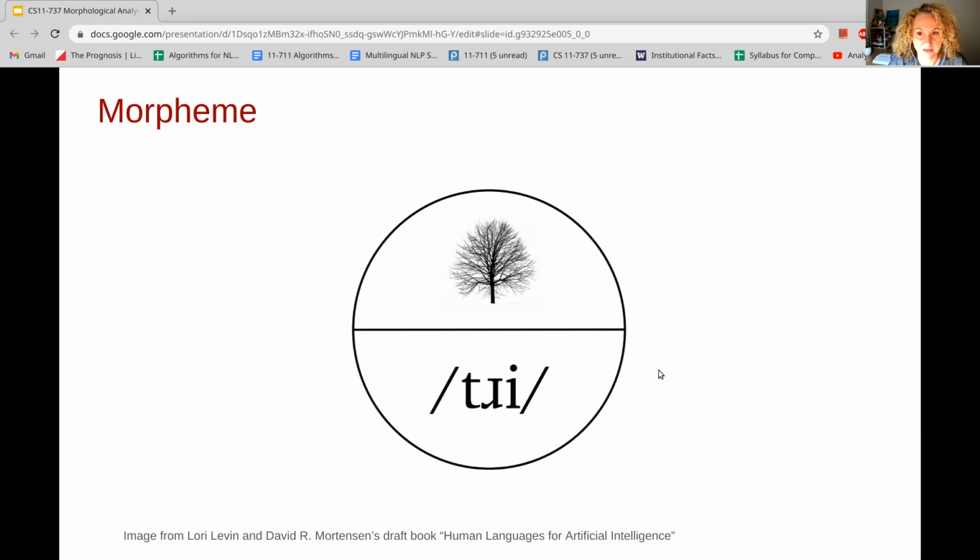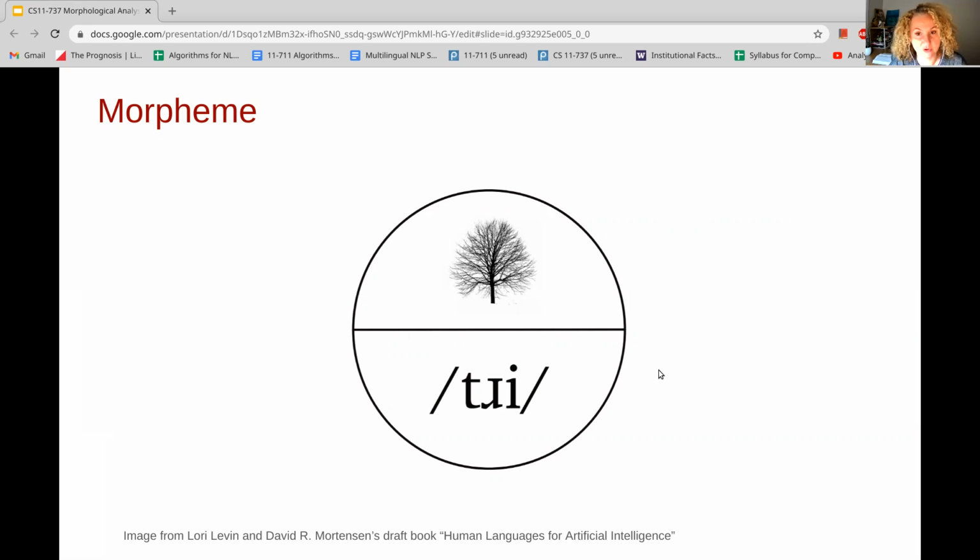And it can be a sequence of letters, for example, a spelling of the word tree. And this is a mapping between the phonetic string tree and the meaning or content of the word. And this mapping is a morpheme.